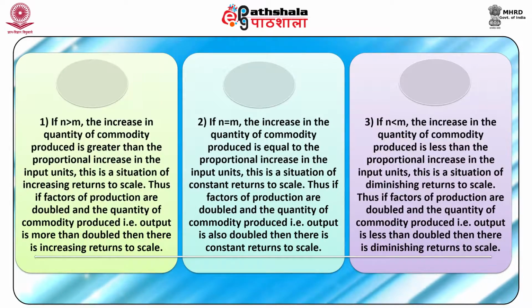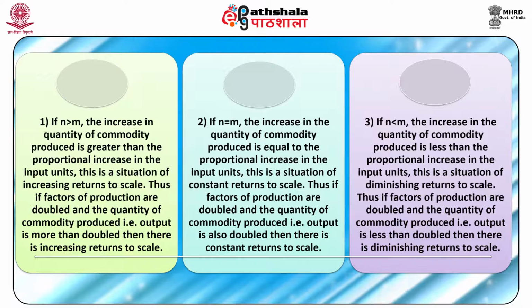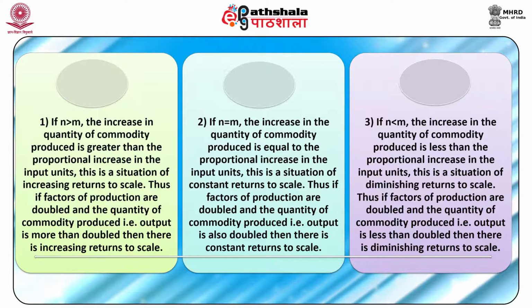Accordingly, the stages of the law of returns to scale can be: first, if N is greater than M, the increase in quantity of commodity produced is greater than the proportional increase in the input units. This is a situation of increasing returns to scale.